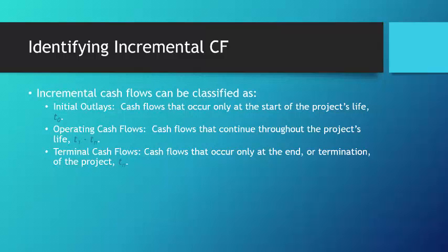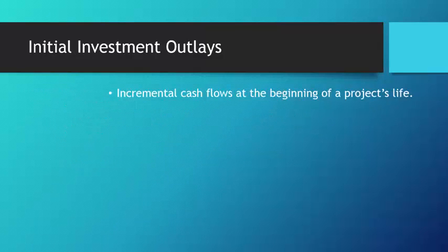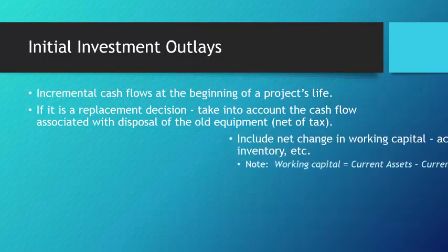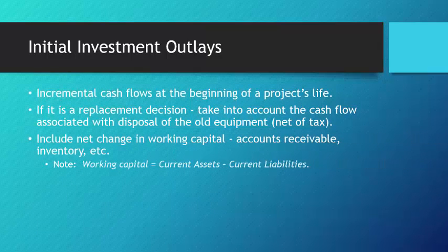So initial cash flows are cash flows that occur only at the start of the project's life. If it's a replacement decision, we'll also have to look at the disposal of the old equipment, but this isn't. This is a new project. Include any net change in working capital, accounts receivable, inventory, etc. With this brief review, let me fast forward to the problem.